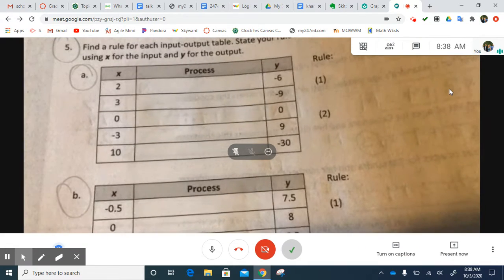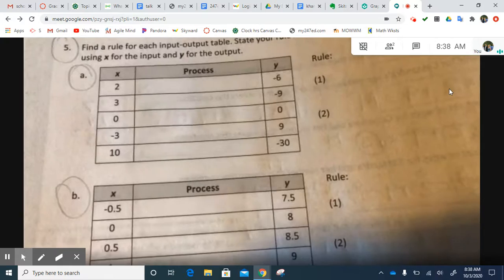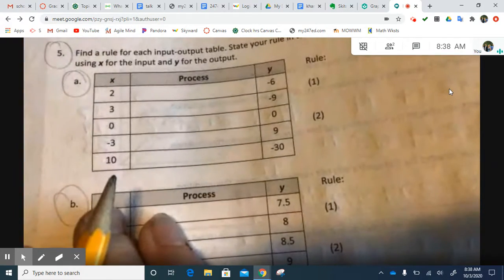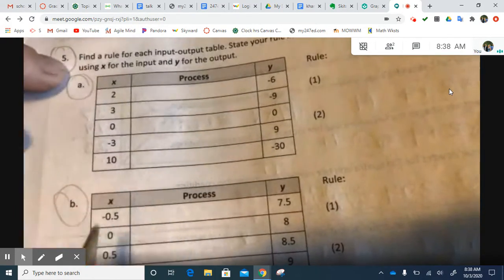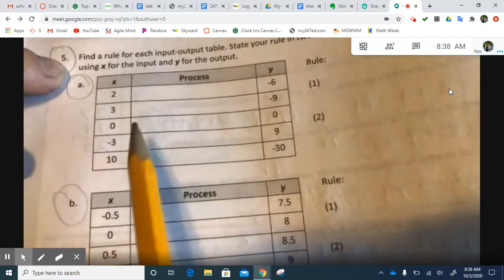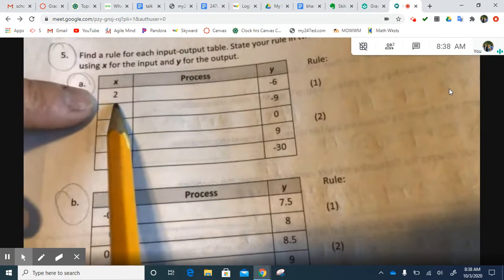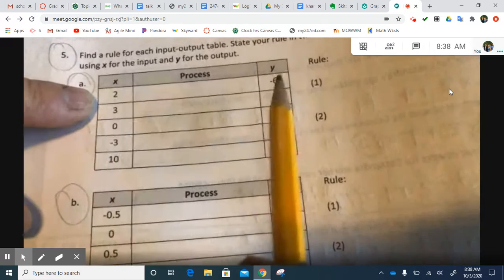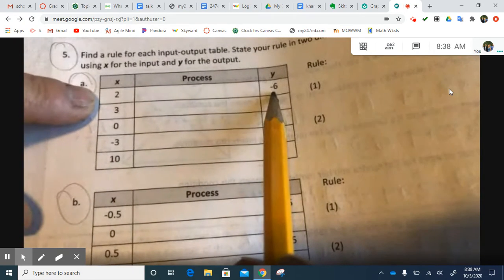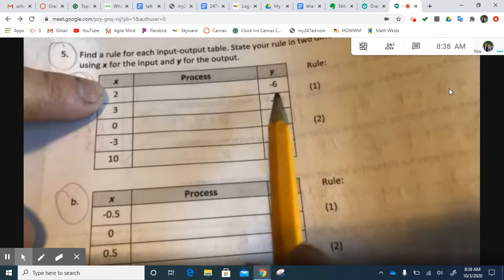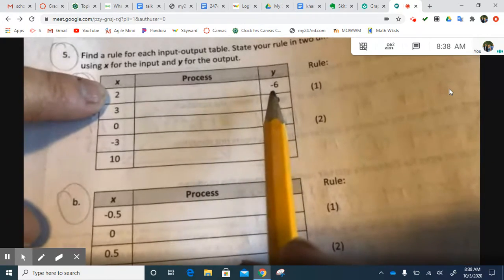Okay, find a rule for each input-output table. State the rule in two different ways, as a sentence and as a rule using X for the input and Y for the output. All right, so we need to figure out how to go from 2 to -6. All right, let's think about adding or subtracting.